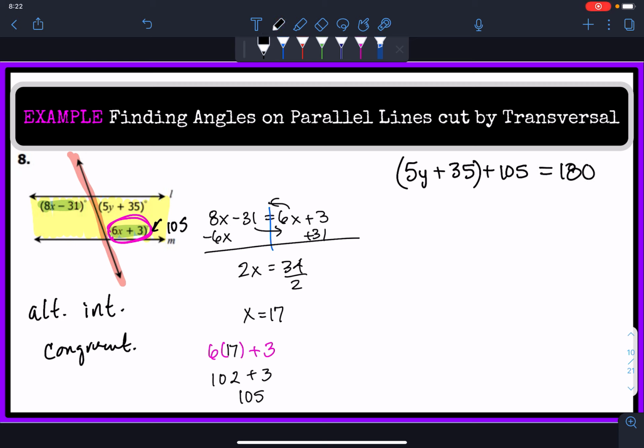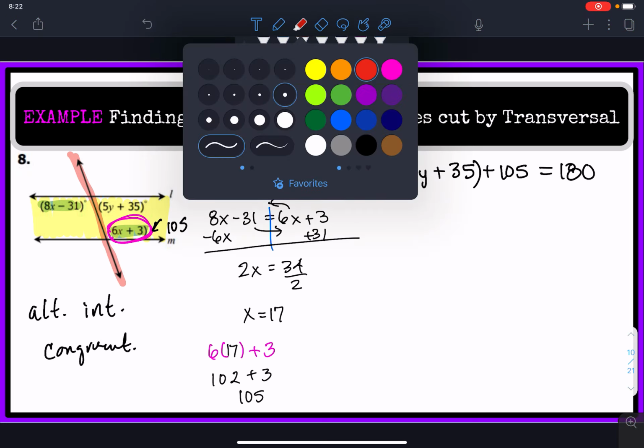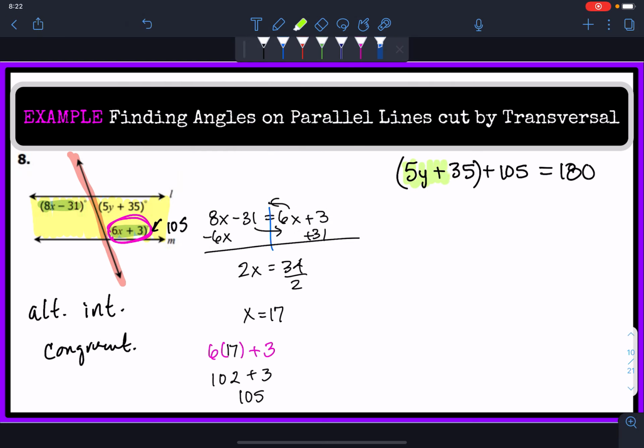Well, before I do letters to the left, numbers to the right, I will first want to simplify the left side of the equation. I have only two numbers, and the fewer numbers the better. So I can add and combine these two values. So 5y plus 140 is equal to 180.